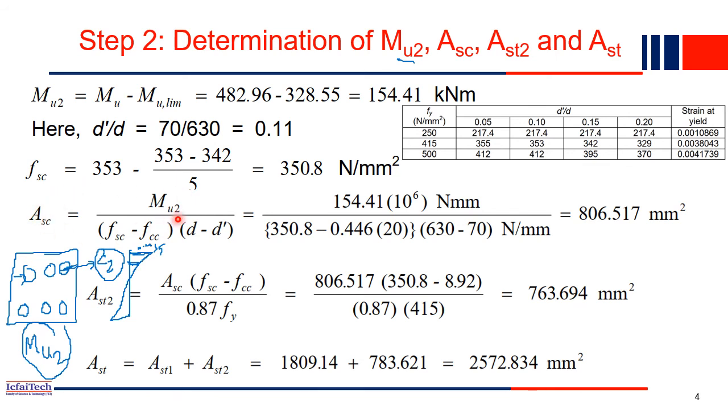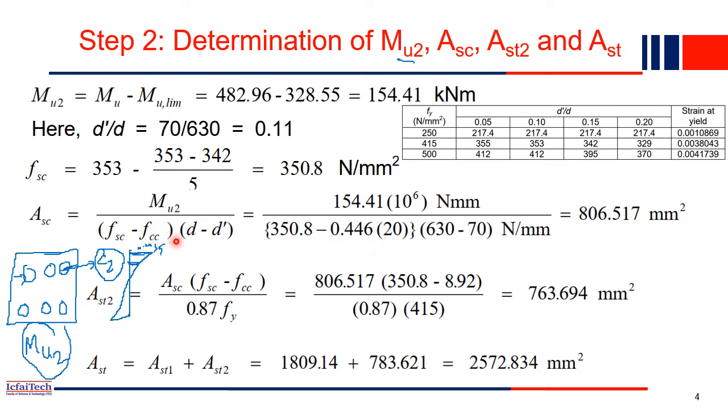So from this expression we can easily compute the value of ASC. ASC is Mu2, which we already know, 154.41 into 10 to the power 6, because we are converting kilonewton into Newton mm, then divided by FSC minus FCC. FSC is 350.8 minus FCC.